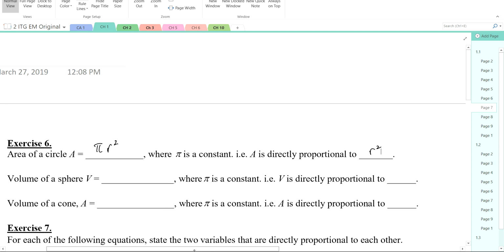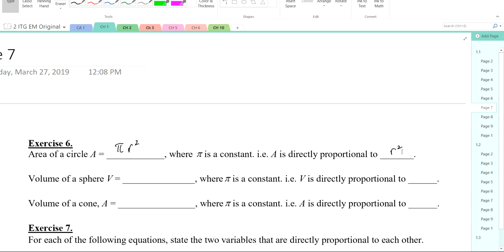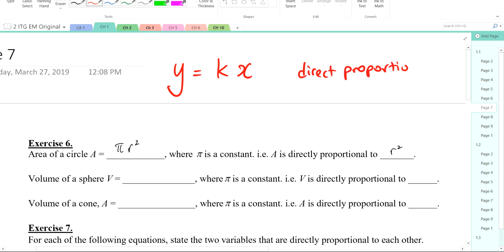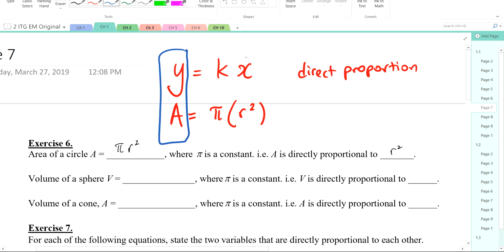So, for directly proportional, it must look like this. y equals k times x. This is direct proportion. In this case, I've got A equals pi r squared. Well, y is our A, x will be our r squared.